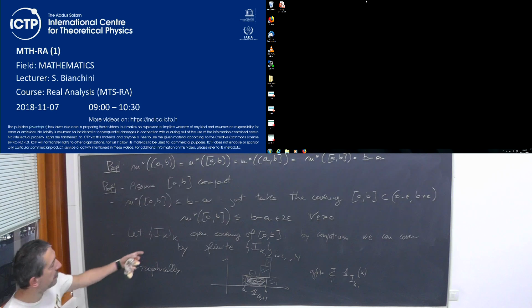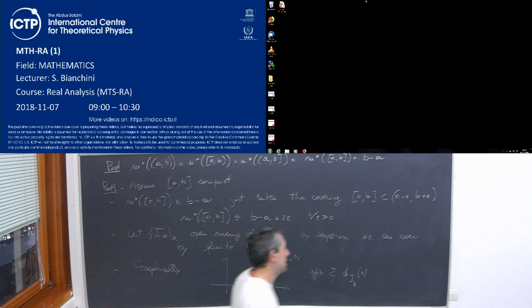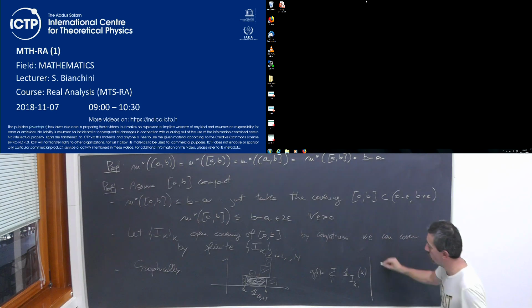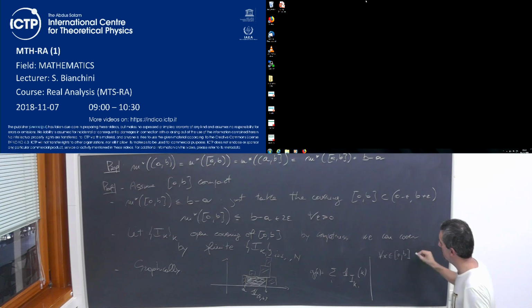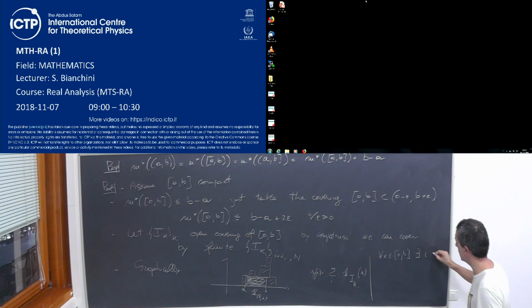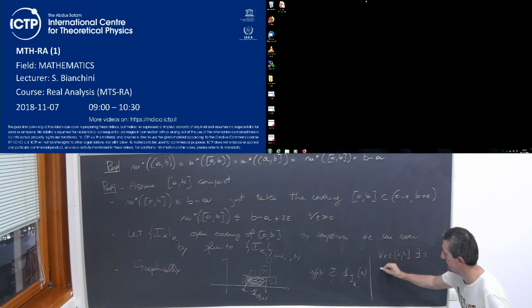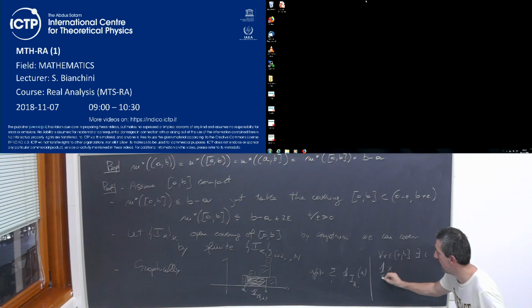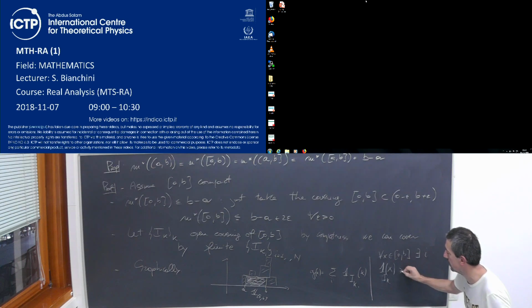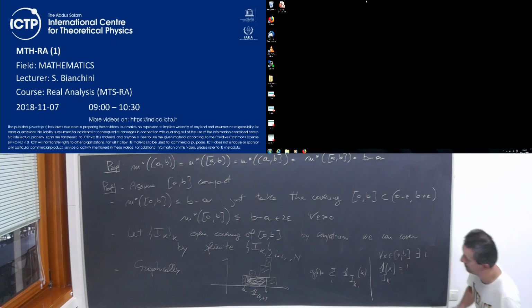Now what we know is that it's a covering. So it means that for all x in (A, B), there exists i such that the indicator function of I_k at x is greater or equal, is 1 actually, because it is a covering.